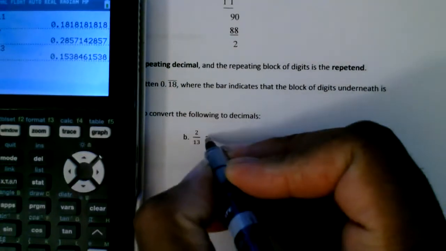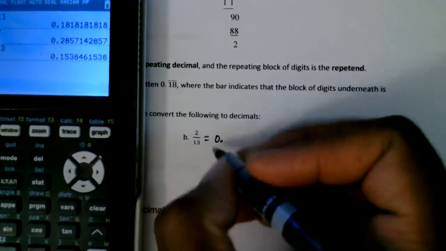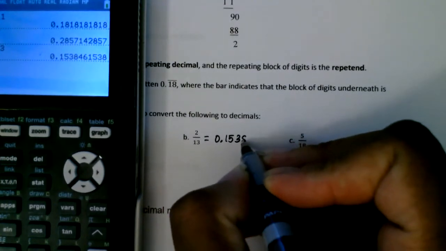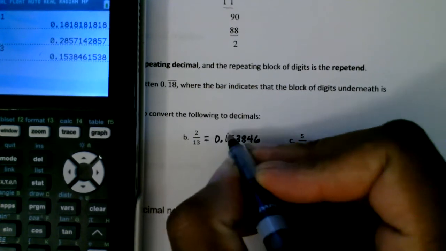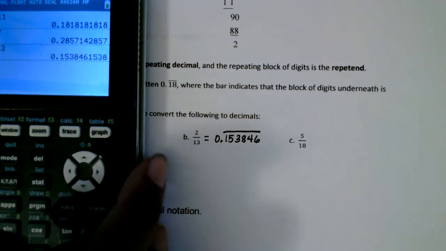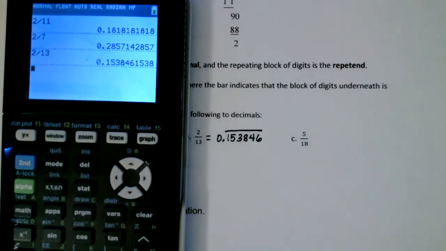So 2/13 will be written as 0.153846, and the bar will be on top. Now you might not be able to see it on this calculator because the calculator is limited to so many decimal places. In this case, it's only limited to 10 decimal places.